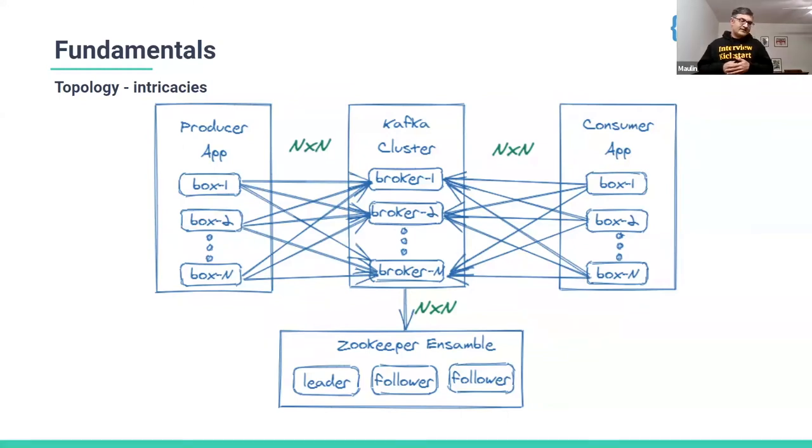However, the important thing to understand upfront is that every application box, producer or consumer, when it talks to the Kafka cluster, needs to be able to connect to every single broker in the cluster.